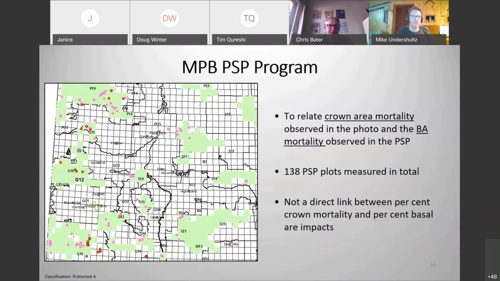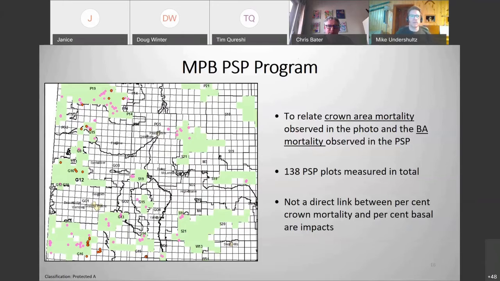And as well, we selected the plots where there was a fairly significant amount of mortality, more than 20%. And what we found was what we expected, that there isn't a direct link. There typically is more basal area loss than the percentage of crown mortality.